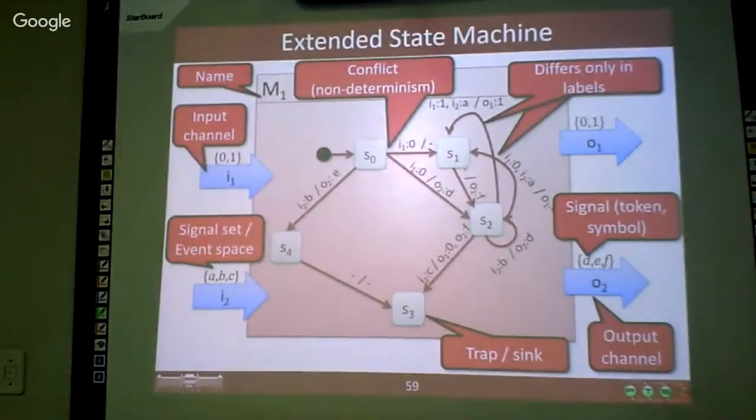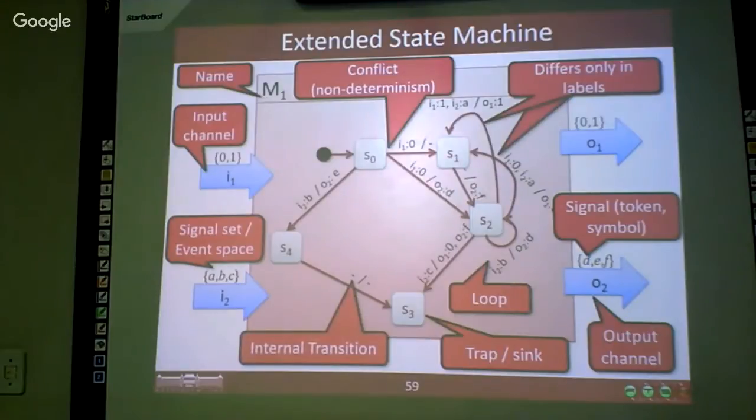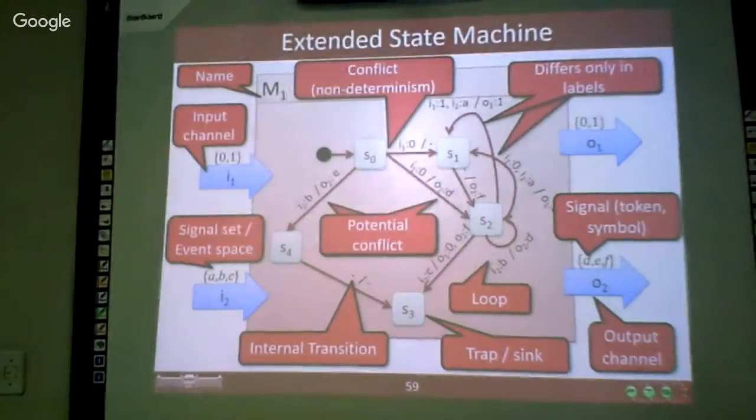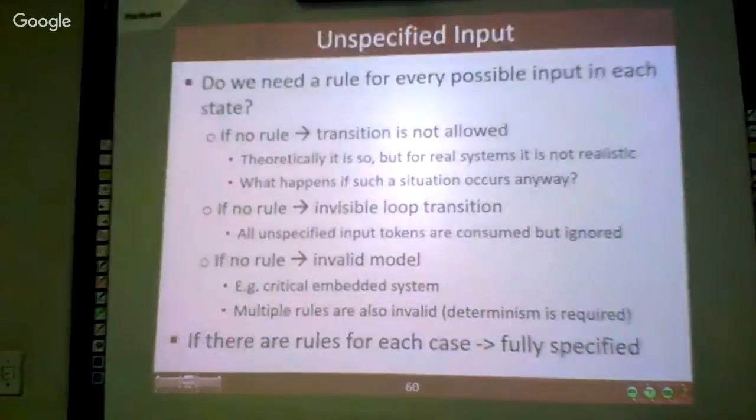And here you can see a trap, a sink state. So from here you cannot go anywhere. We can use loops, self loops, and you can model internal transitions. That is some hidden part of the model that you do not model. And you can also have some kind of potential conflict, because you have to decide which direction you should go.